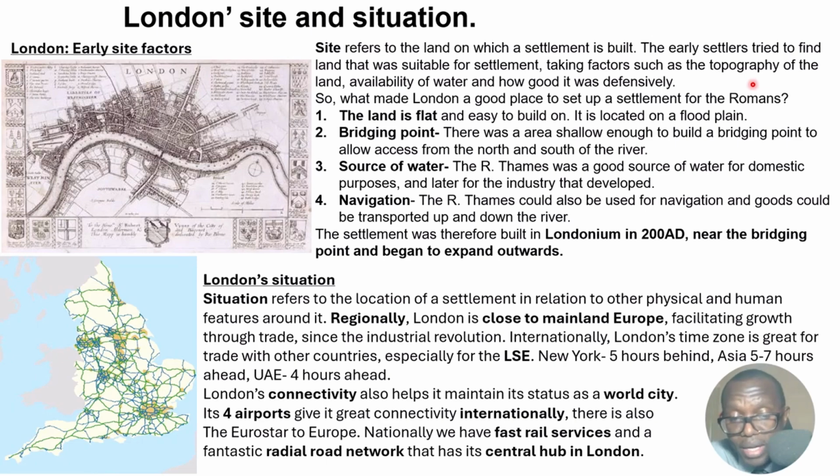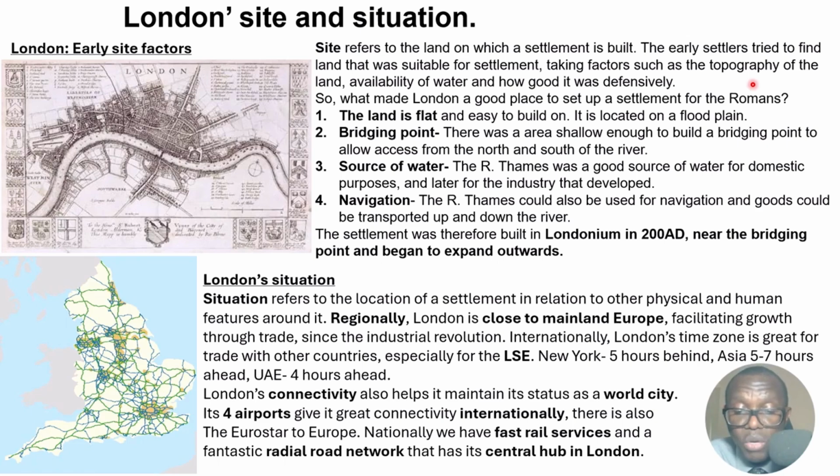There's London Heathrow Airport, London Gatwick, London Stansted, and London Luton Airport. Those give London connectivity both internationally and locally. Then we also have the Eurostar to Europe, which is a very fast way of getting into Europe.